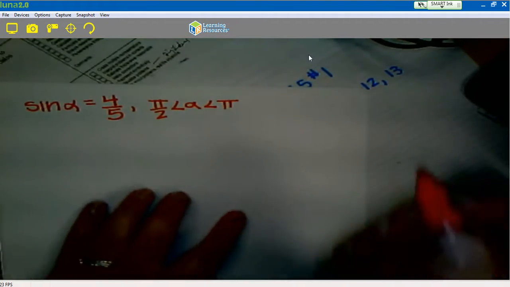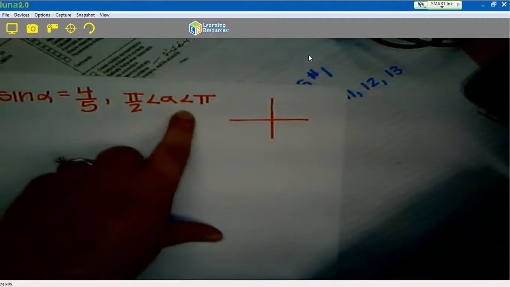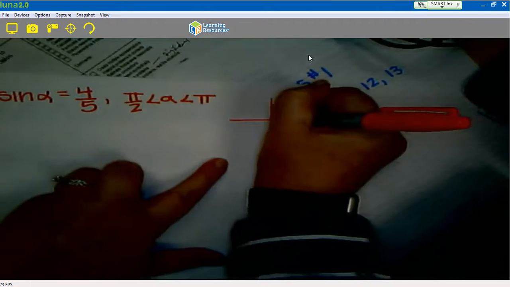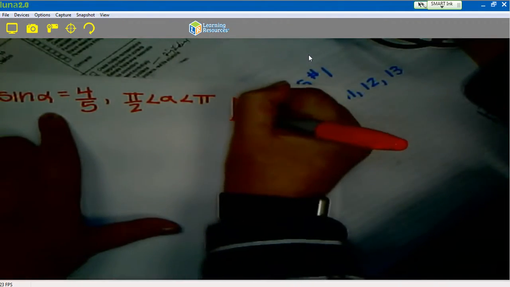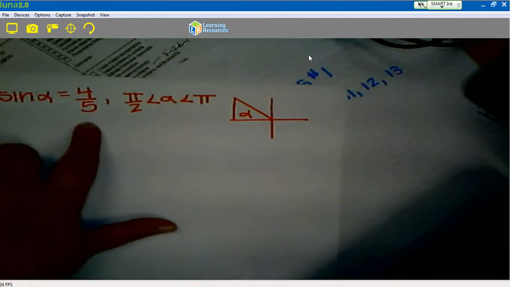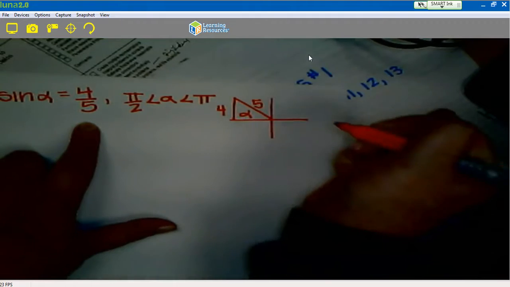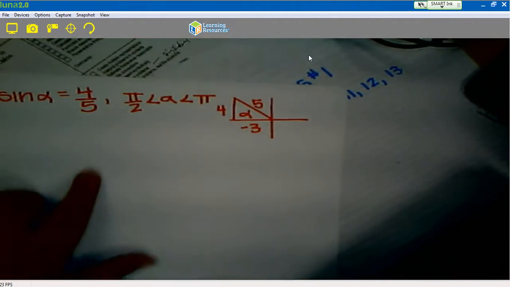So if that's the case, what quadrant are we in? If alpha is between pi over 2 and pi, that puts us in quadrant 2. So this is our alpha triangle. Sine is 4/5, so the opposite side is 4. Hypotenuse is 5. The base then is -3.